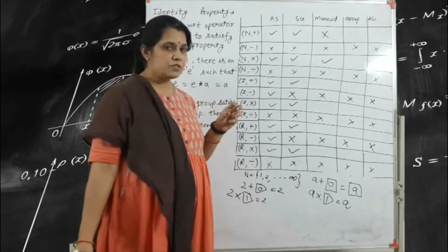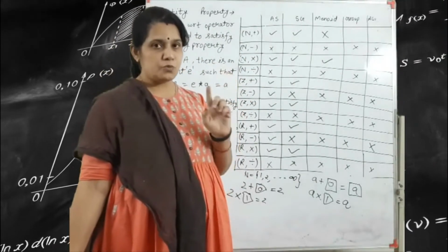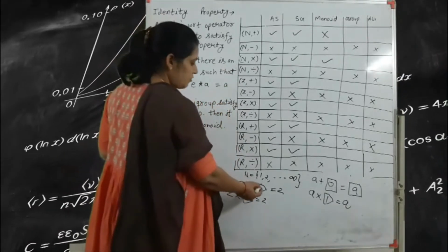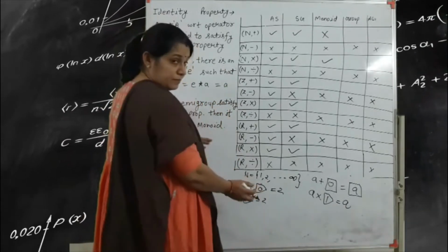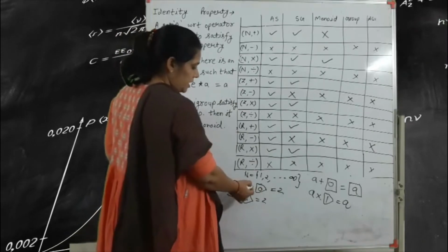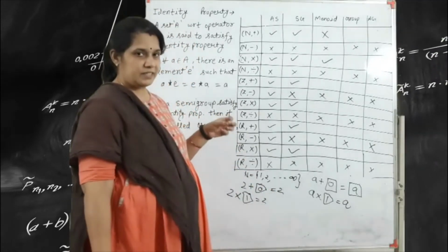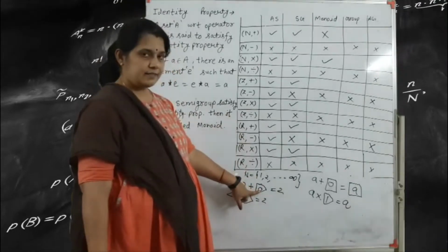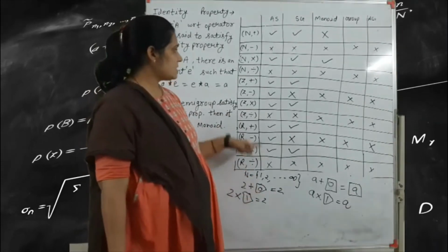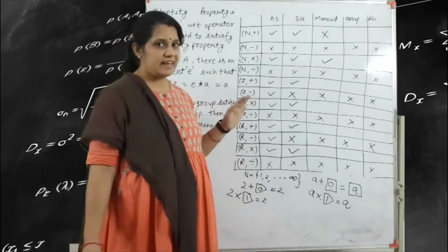Next one is Z plus. So if we use, for example, Z plus, and we take 2 plus which element do we add here to get the number itself? Obviously we add 0, and 0 is included in the Z set.